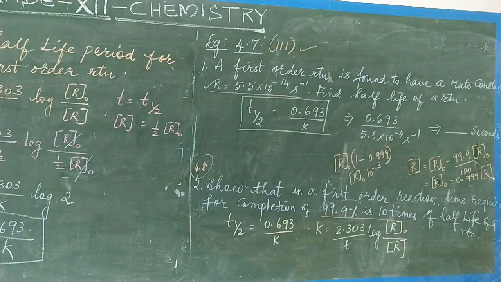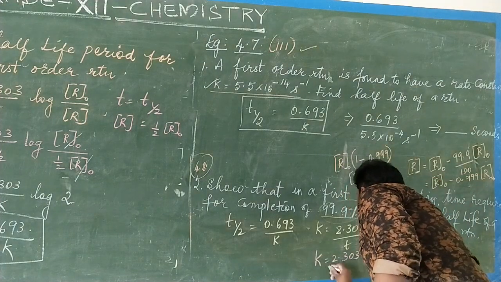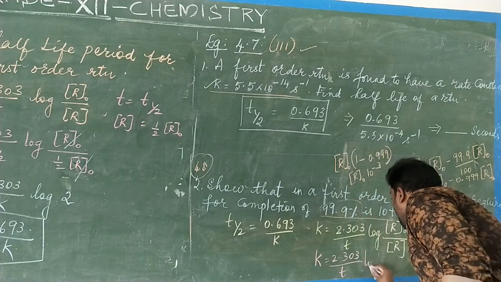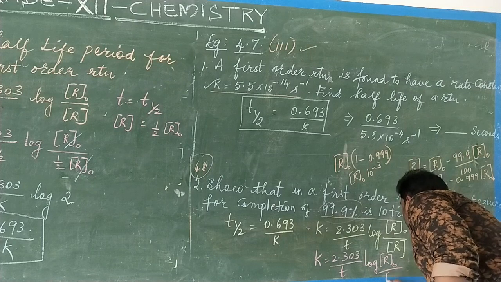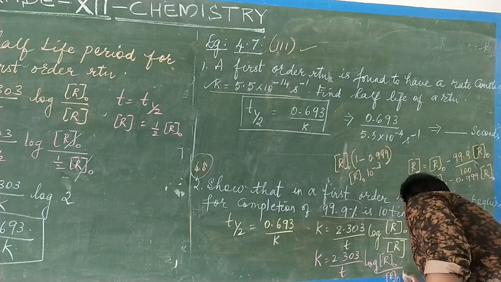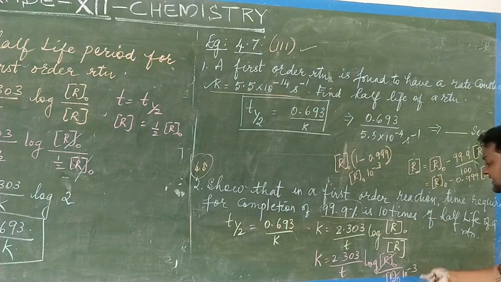Now let us substitute the value there. That is K is equal to 2.303 divided by t into the logarithmic value of concentration of R naught divided by concentration of R naught into 10 to the power of minus 3. This R naught and this R naught will be cancelled off. 10 to the power minus 3 becomes 10 to the power of plus 3 here.